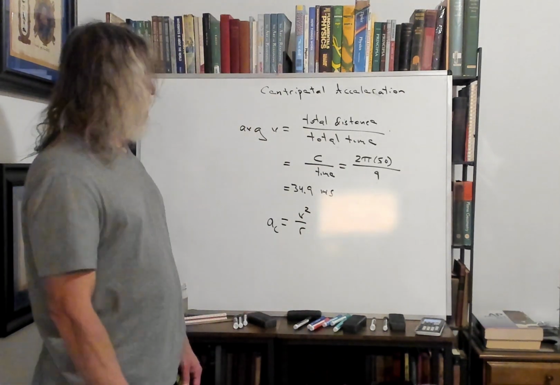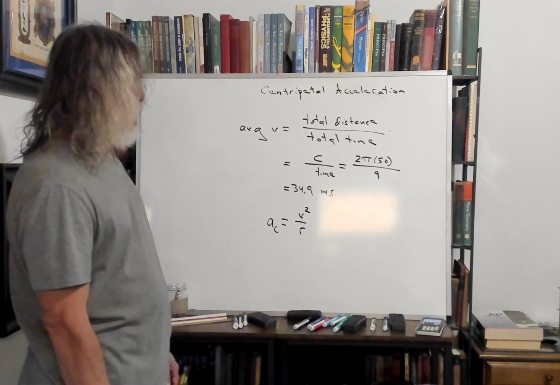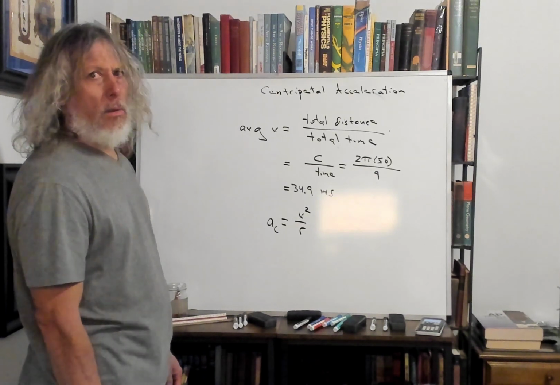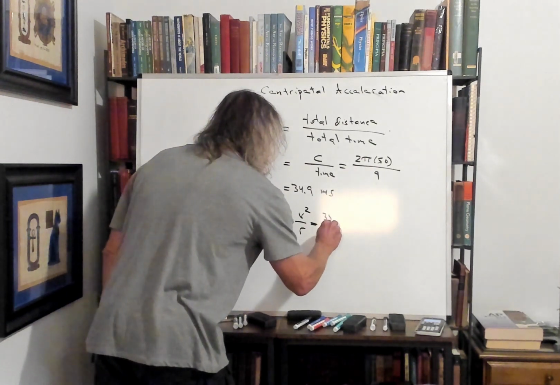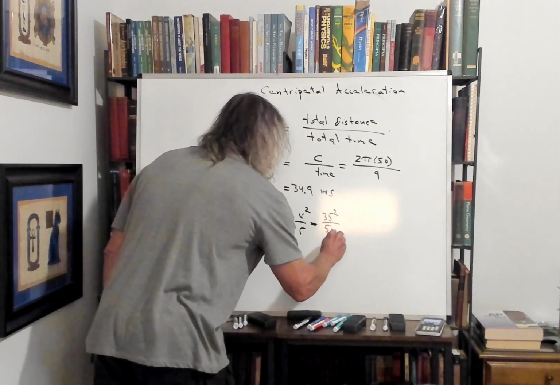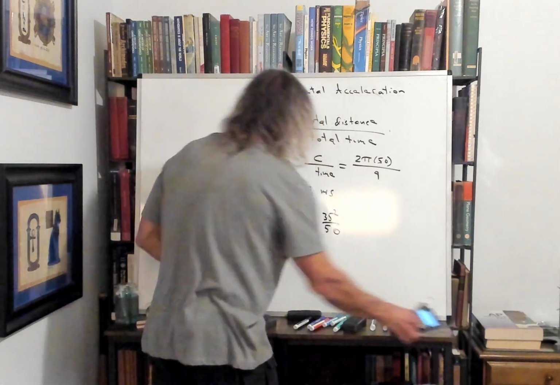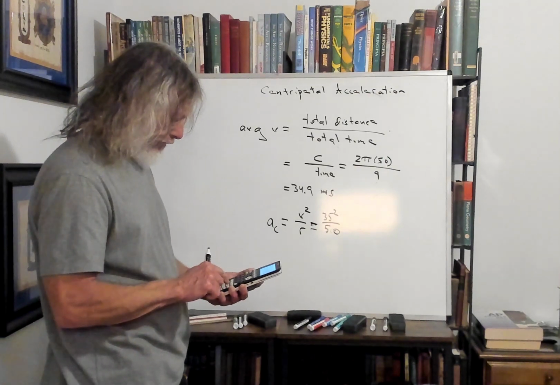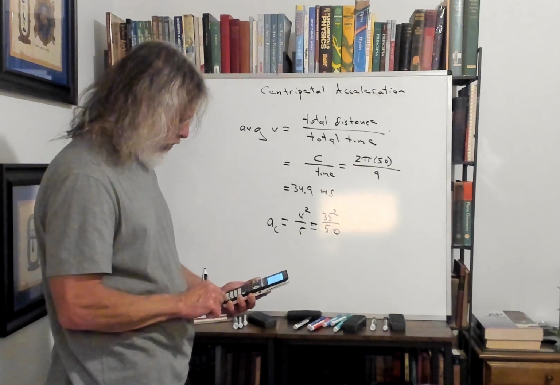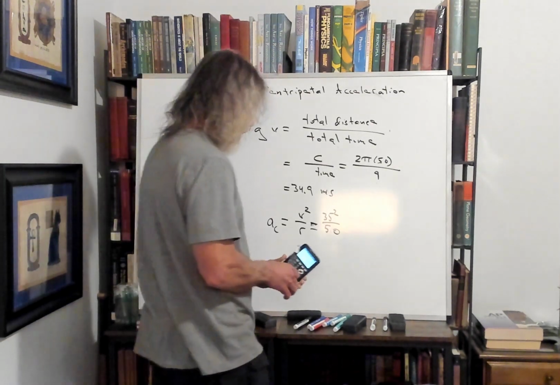V squared over r. And so we have 34.9. I'll make it 35. Radius is 50. So about 35 squared over 50, about 24.5.